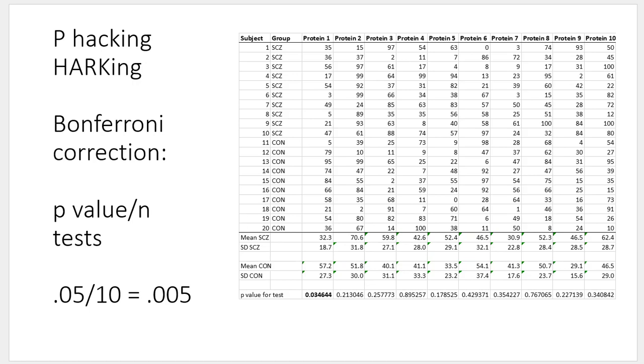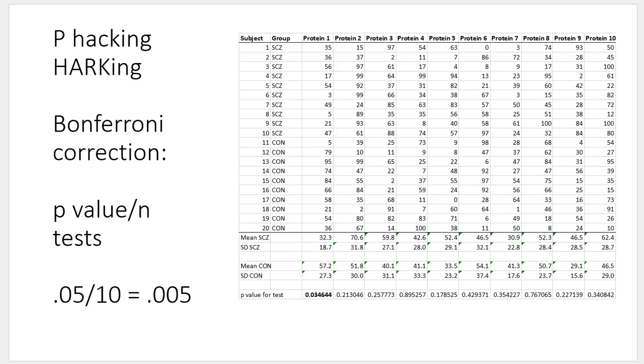That's called the Bonferroni correction. So I should have only accepted that protein 1 finding as statistically significant if I got a p level of 0.005, and I did not. And of course, if I did these 10 proteins, these could just be different random levels, and I have nothing at all. Now, what do unscrupulous or ignorant scientists do?